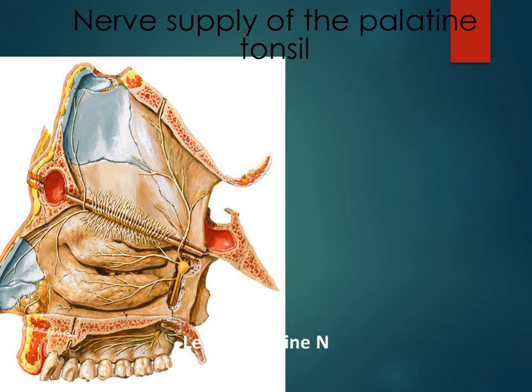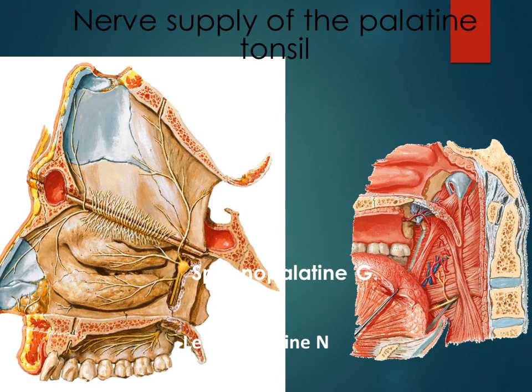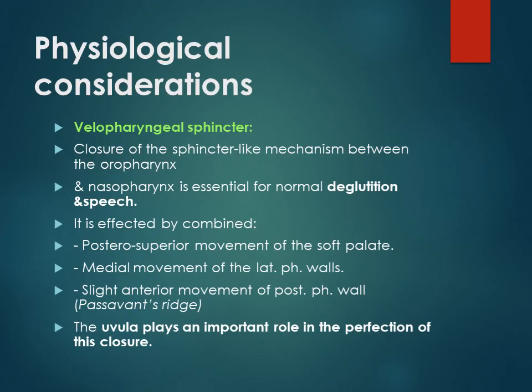Nerve supply: there's a lesser palatine nerve and the sphenopalatine ganglion, and the glossopharyngeal nerve.